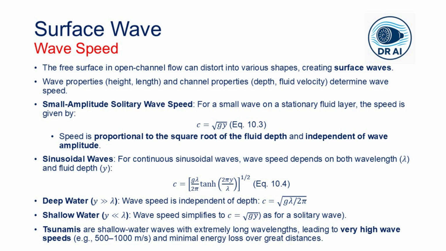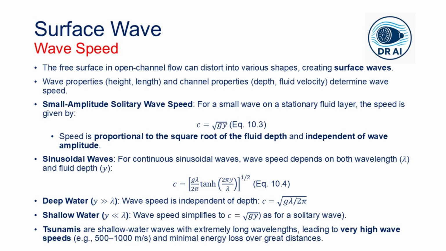It tells us that the wave speed depends not just on the depth y, but also on the wavelength lambda. The function tanh is the hyperbolic tangent. But the beauty is that this equation simplifies to our simple square root of g y in two very important limiting cases.